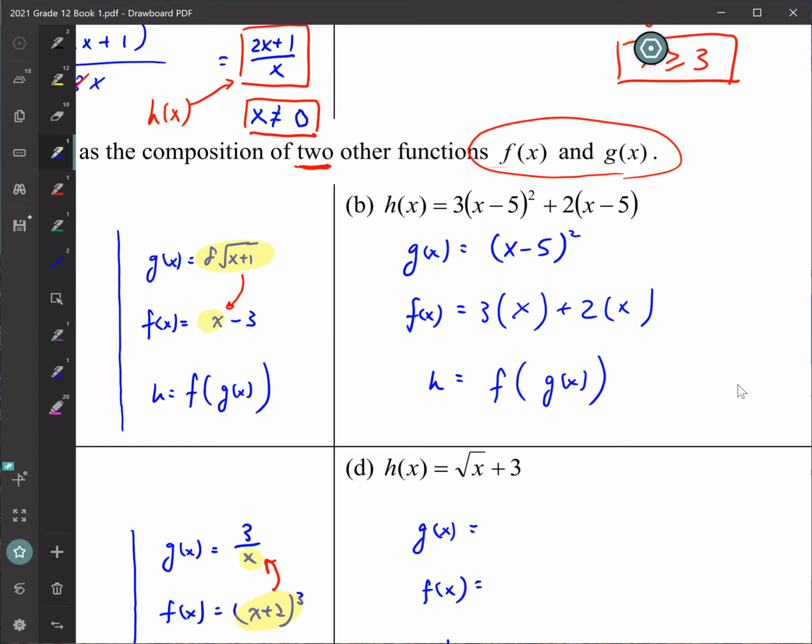I don't know. Okay, Jenny, do you want to help out? What do you have for B? Jenny, you finished B? Yep. I got 3x to the power of 2 plus 2x for g. And then for f, I got x minus 5.